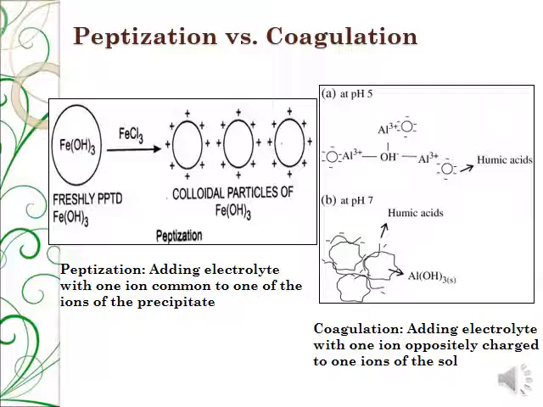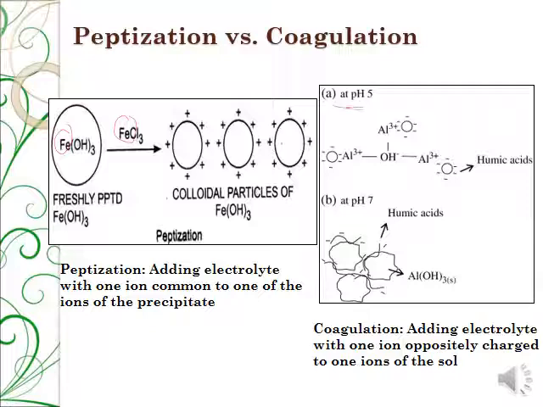So when we wash using iron trichloride solution, due to the similar ion used in the washing solution, it will peptize the precipitate to form colloidal particles of iron trihydroxide instead.